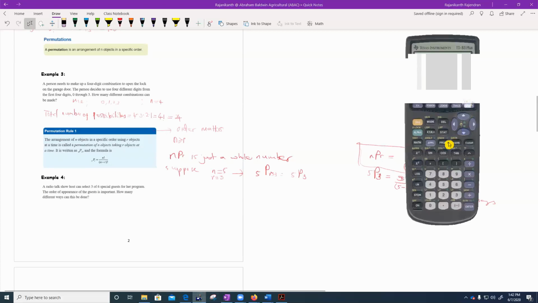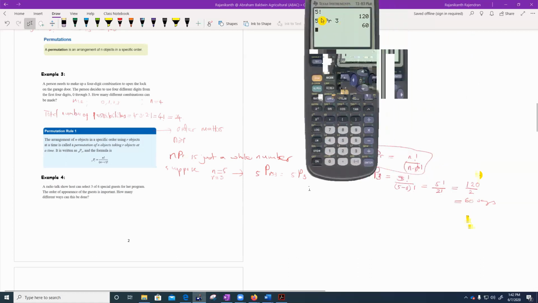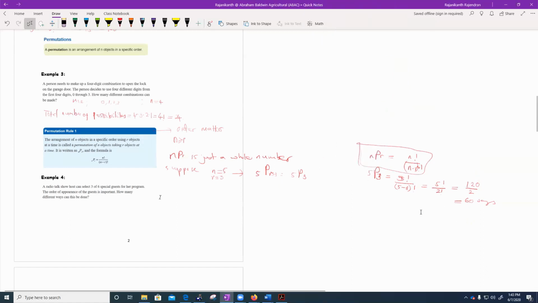If you want to find 5P3, first type 5, then go to math, the number 4, PRB, and you see nPr, the option number 2. Type that, enter. Now type the second number 3, then enter. That is 60, no? So 5P3 is 60. You could use either this or the formula I have given you. So that's up to you. So there are 60 ways.